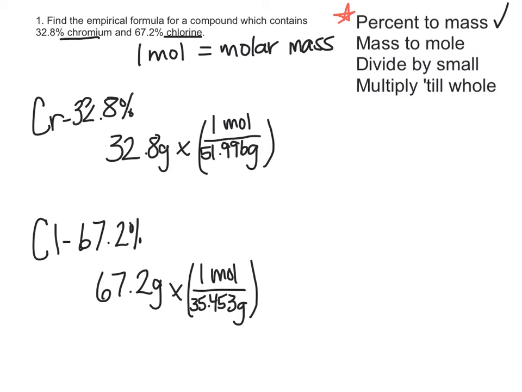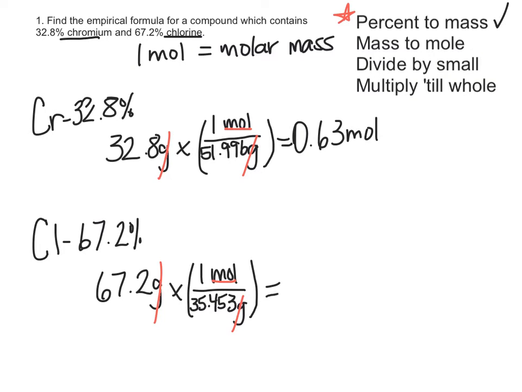So when I do that, if you notice, my grams cancel, leaving me with moles. And that's good because my step 2 says mass to mole. So now, remember, all you do is multiply across the top and divide by the bottom. When I do that, for chromium, I'm going to get 0.63 moles of chromium.